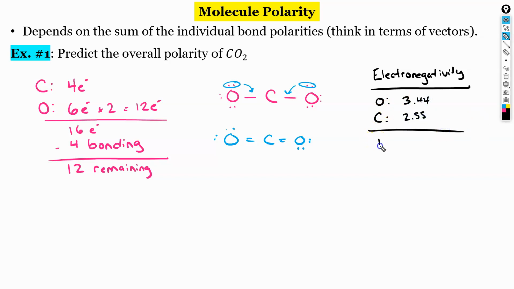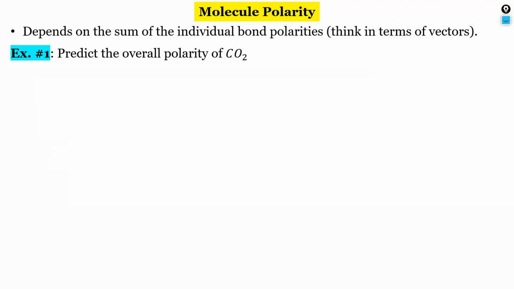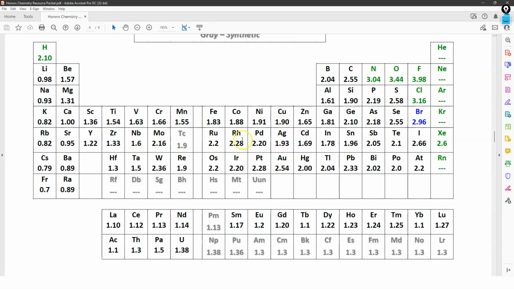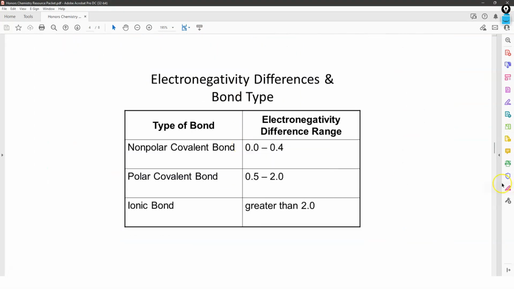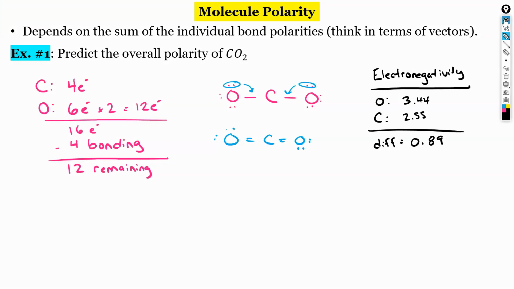So the difference between those is 0.89. If we go back to that table, just below it, we have this scale, and 0.89 is in the range of a polar covalent bond. So this is a polar bond.